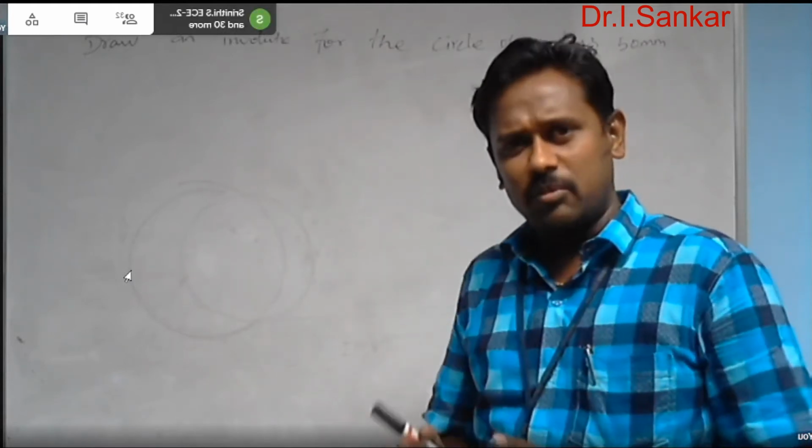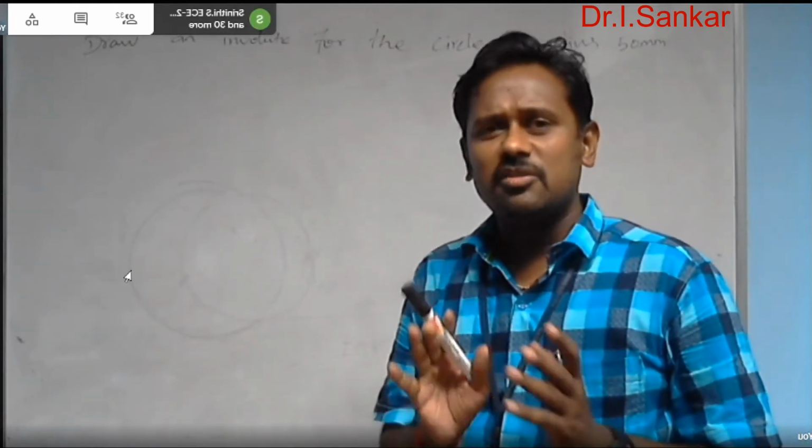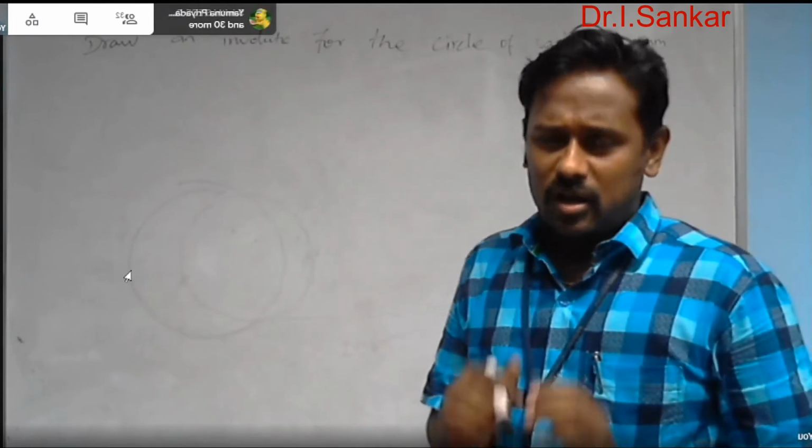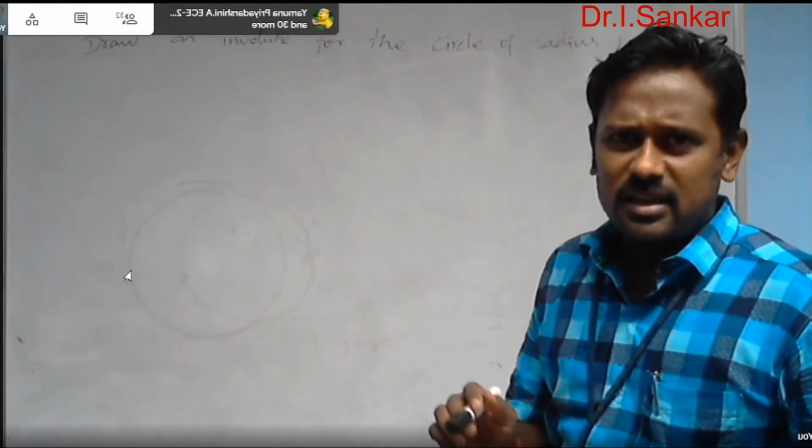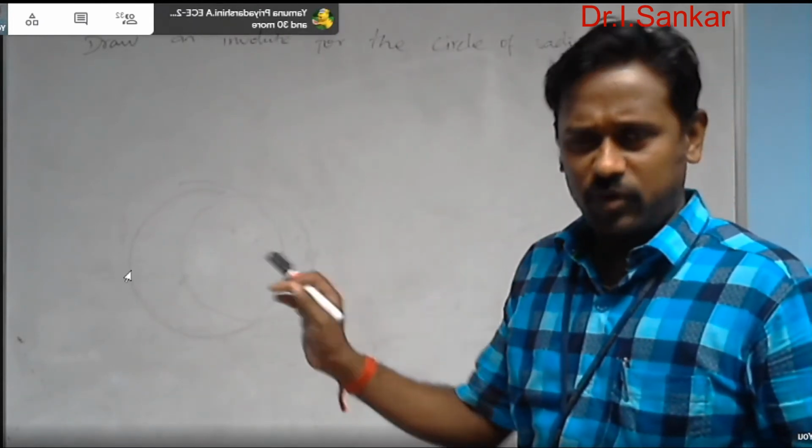If it is not visible, don't worry, I have written only one word. For the 50 mm diameter circle, you need to draw the involute curve, and also draw the tangent and normal for the curve from any point.